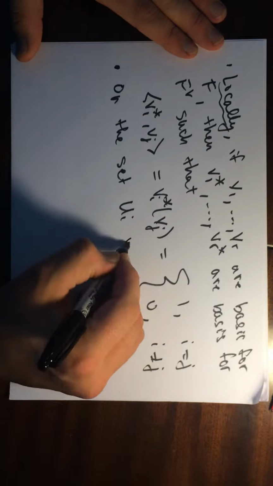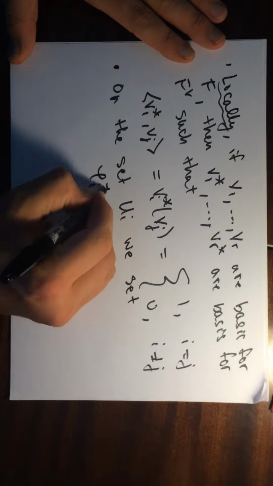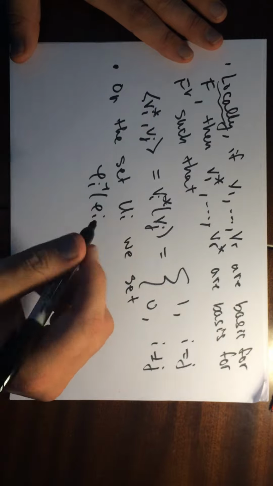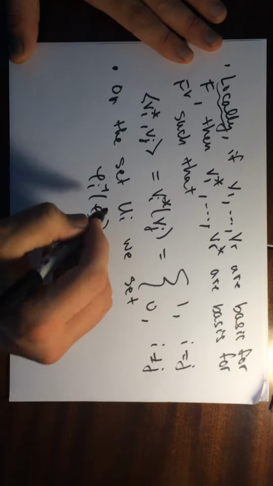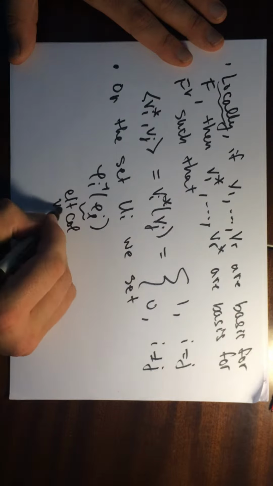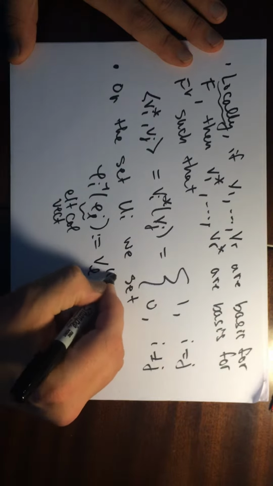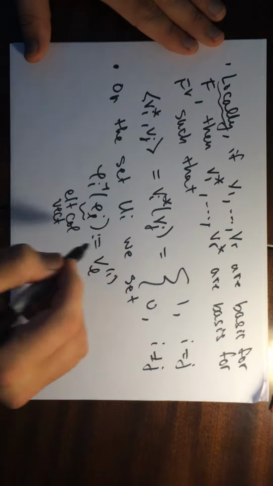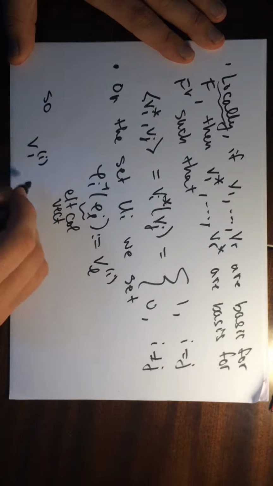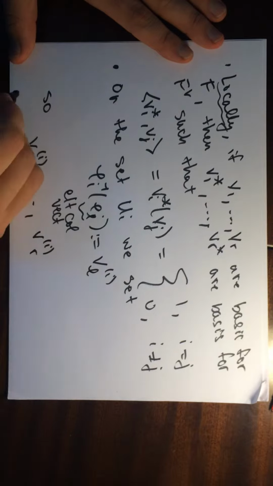We set the inverse image of the elementary column vector e_l to be equal to v_l^i. So this will be a basis. This means that v_1^i through v_r^i is a local basis, as this vector bundle has rank r.